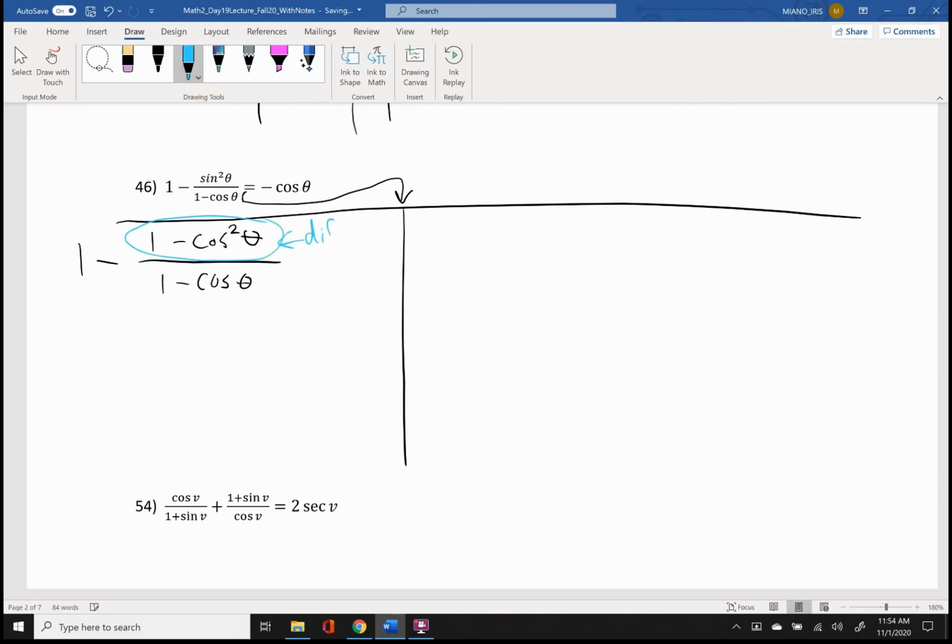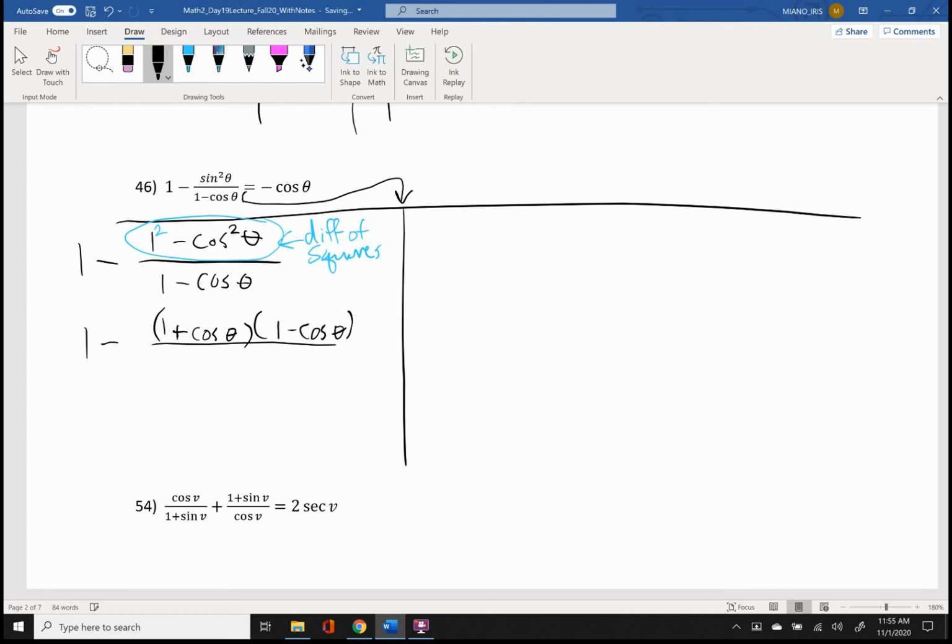Difference of squares factorization, because 1 can be thought of as 1 squared, right? Remember that old chestnut? So that'll become 1 minus cosine theta times 1 plus cosine theta. That's supposed to be a plus.